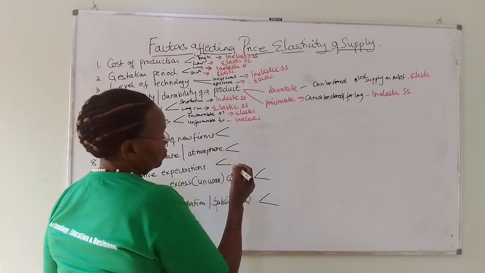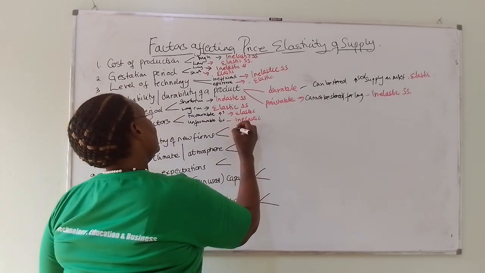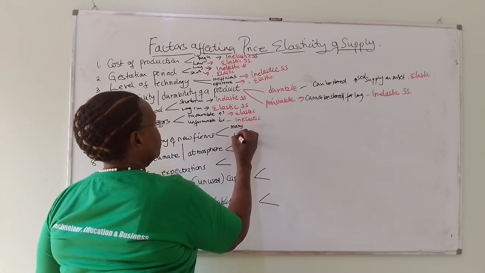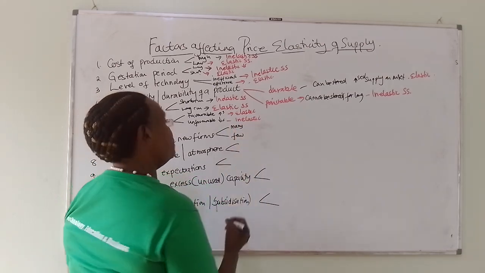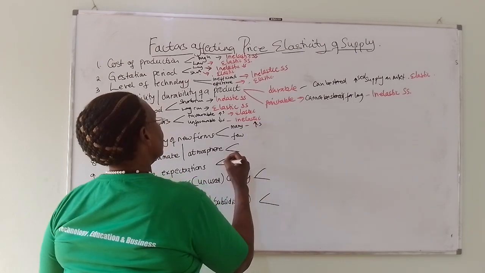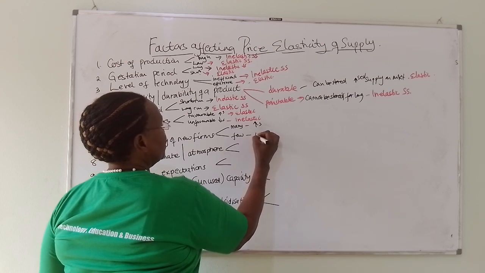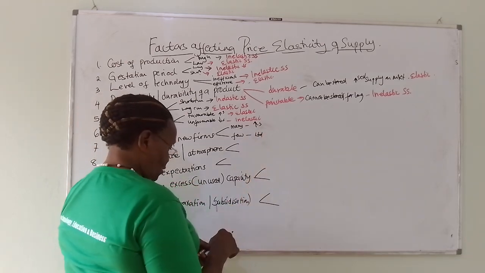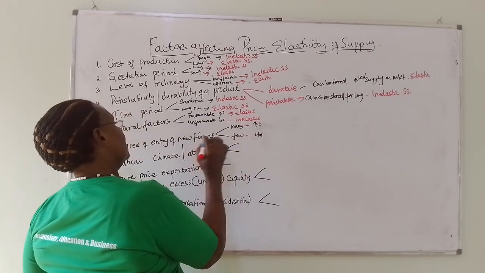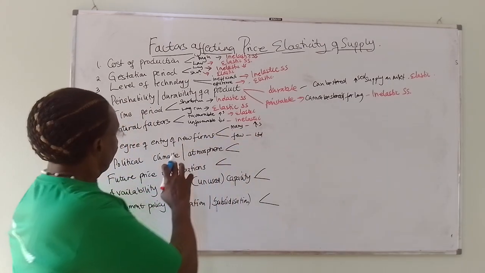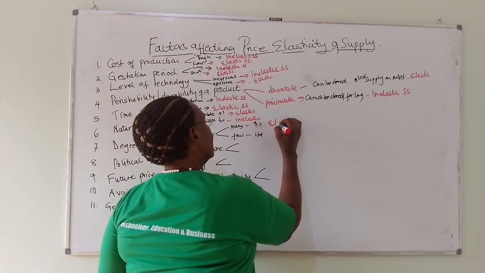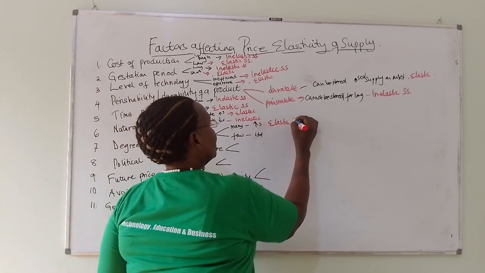How does entry of new firms affect our supply? It either creates many suppliers or it creates few suppliers. Where there are many, definitely supply increases. Where there are few, supply is limited. And whenever supply increases because of many firms entering that line of production, this makes our supply elastic.